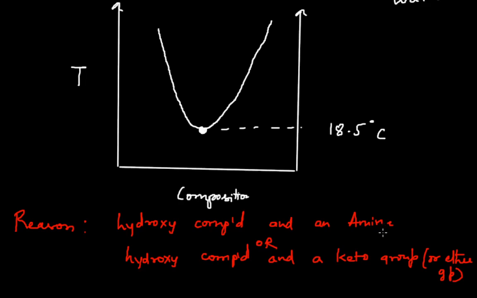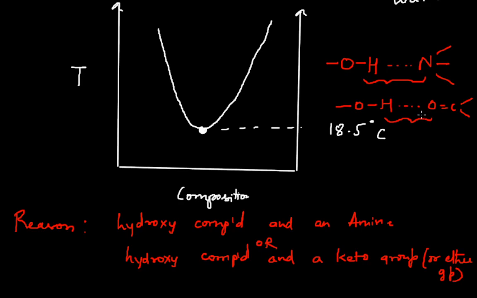The two components are partially associated through hydrogen bonding. If you take your hydroxy compound and your amine, there is hydrogen bonding present. Or if you take your hydroxy compound and your carbonyl group, your keto group, there is hydrogen bonding present.